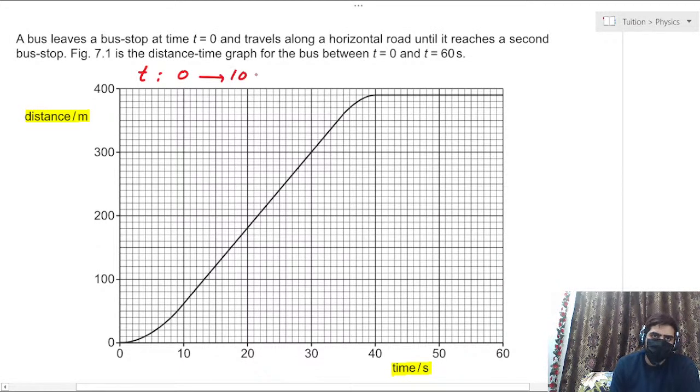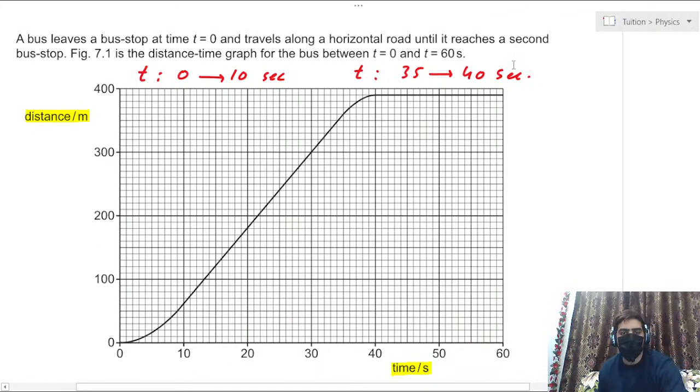What is the difference between the motion? This is what you need to answer.